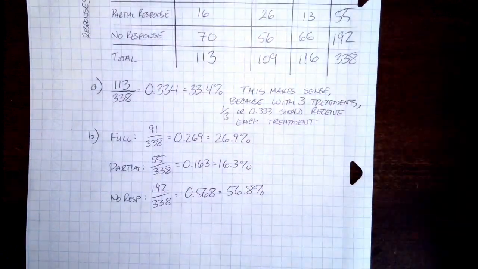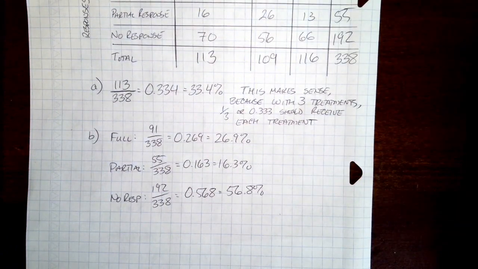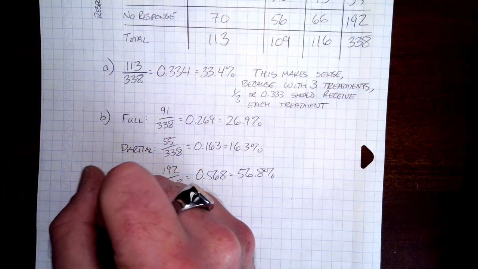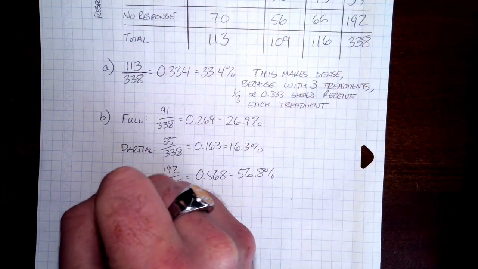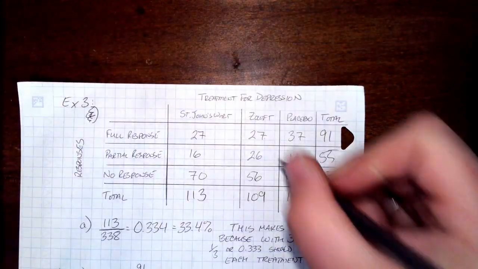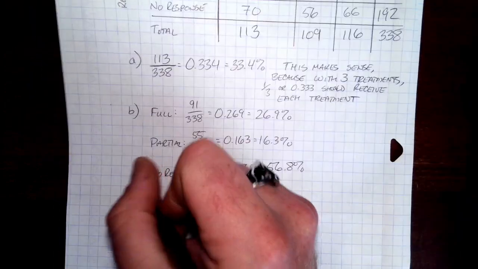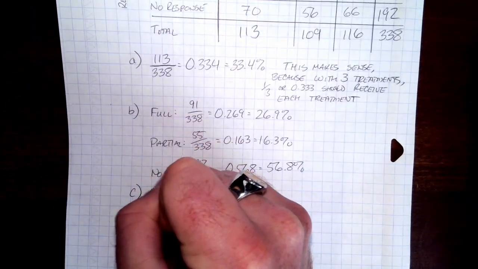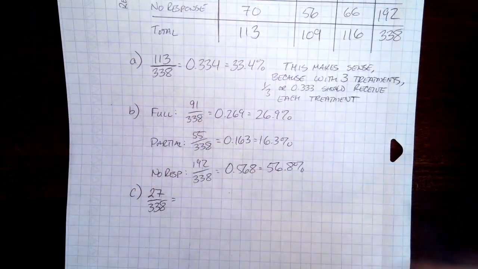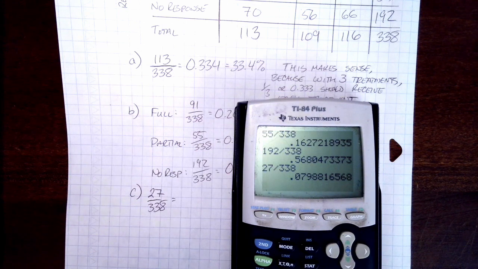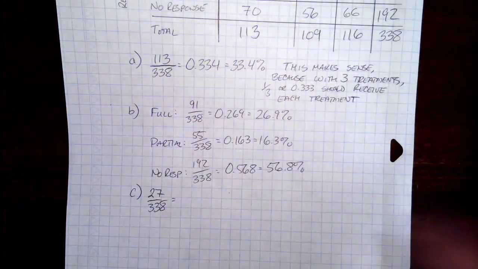And what percent of all the subjects took Zoloft and felt a full effect? So the people who took Zoloft and felt a full effect were 27 out of our 338, or 0.08.